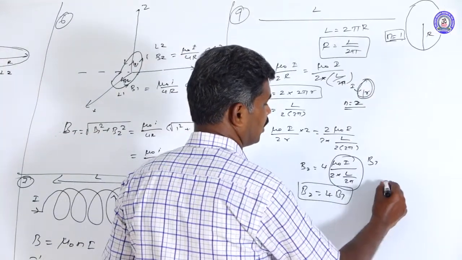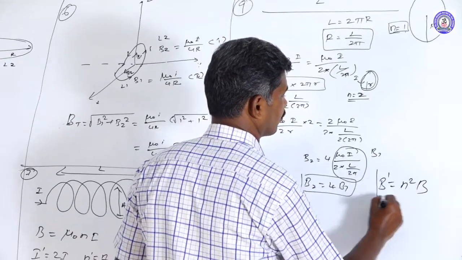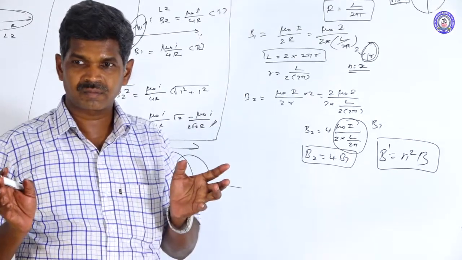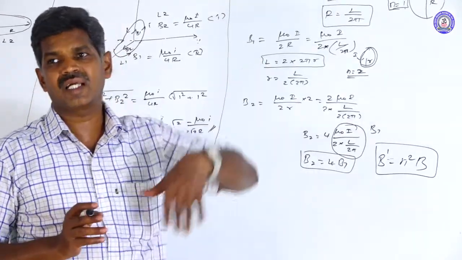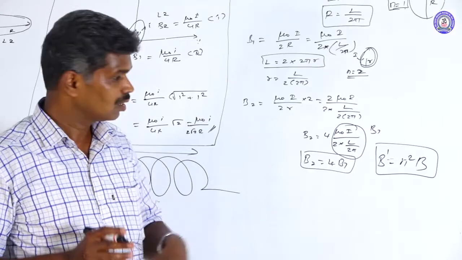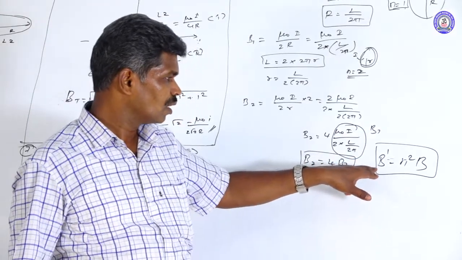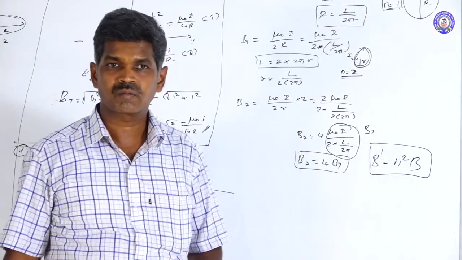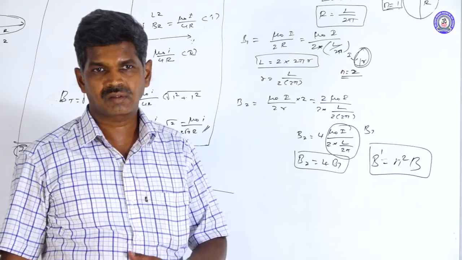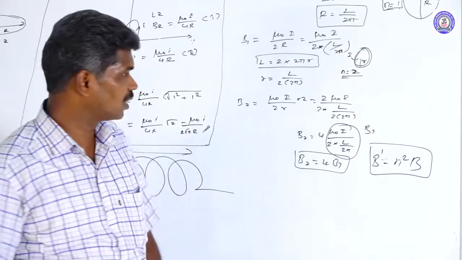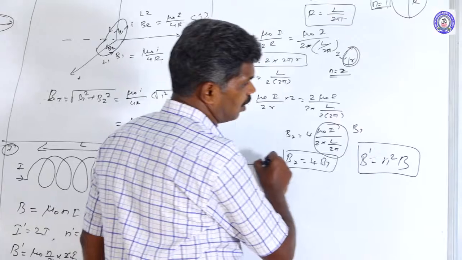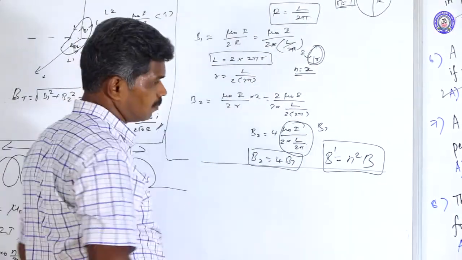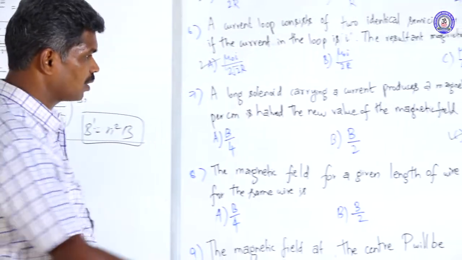B prime is equal to n squared into B. The same wire, first it is a single turn. Suppose the same wire is made into n turns, the magnetic induction produced is B prime is equal to n squared into B. 2 turns means 4B. 5 turns means 25 into B. Like that we can use the formula. That is the eighth one. The eighth one answer is 4B.